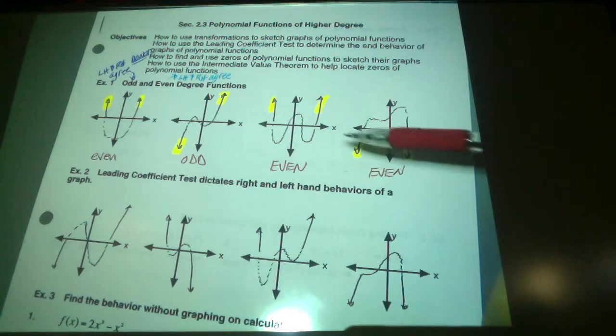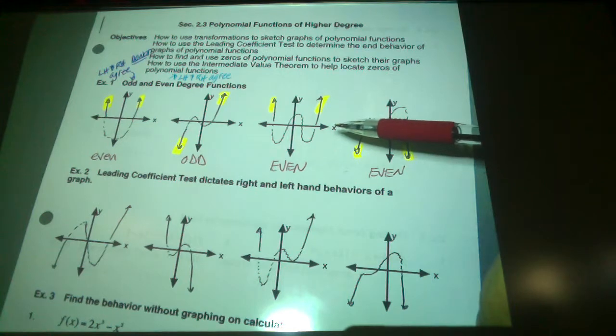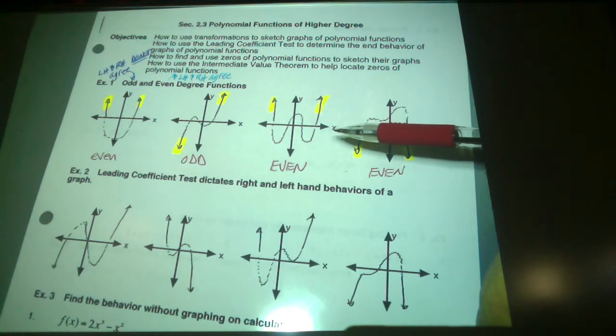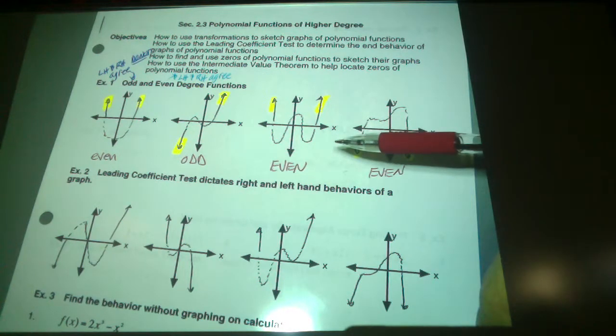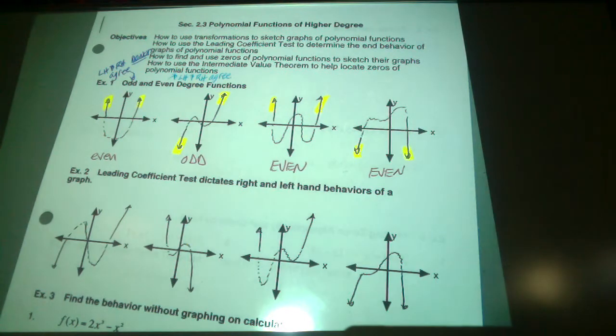In front of the leading coefficient, right? And the leading coefficient doesn't mean that it's the first term in the polynomial. It means it's attached to what term? No. How about the highest degree term? Right, the highest degree term in a polynomial is what names the degree of that polynomial. So we'll look at that here in a minute also.